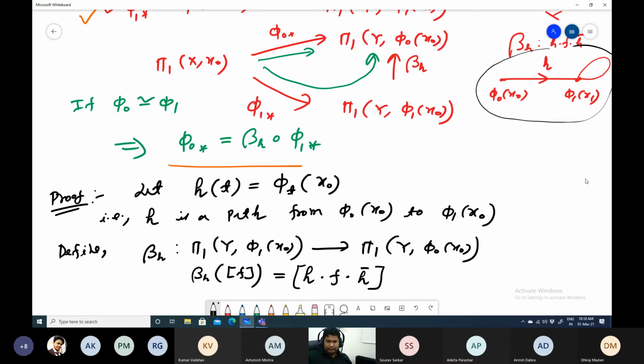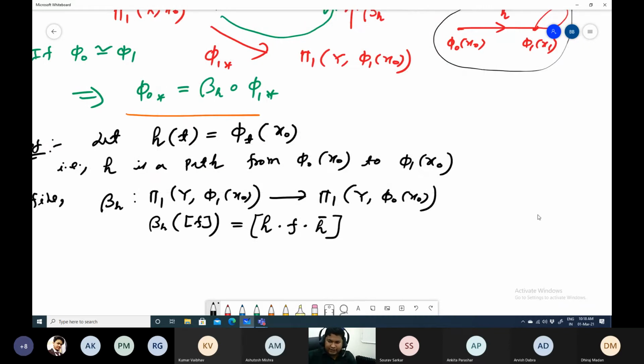So say this is your phi1(x1) and this is your phi0(x0), and say this is your loop. Say this is your path h, sorry, from this to this.